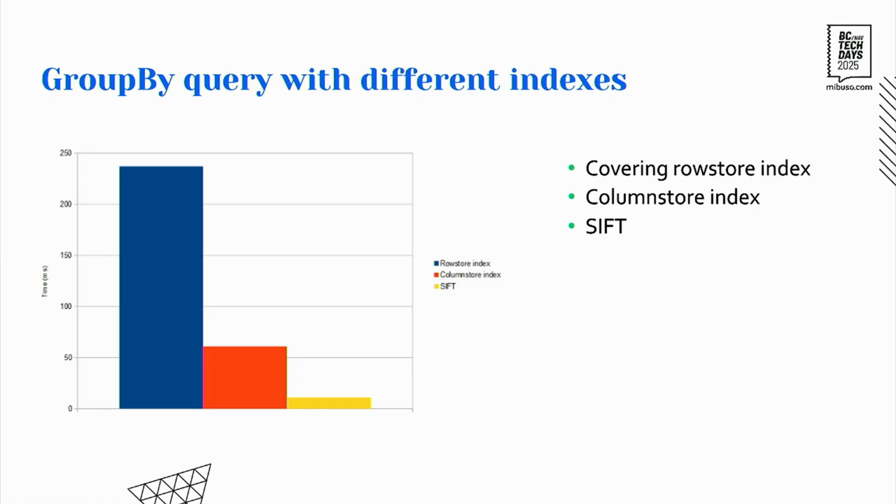Here we have a row store index, and the column store index is much better, almost more than 3 times faster. And even close to SIFT, still not reaching the SIFT performance, but on the other hand, if we balance everything, positive effects on the data aggregation and much lower impact on the inserts, it looks like a good option.